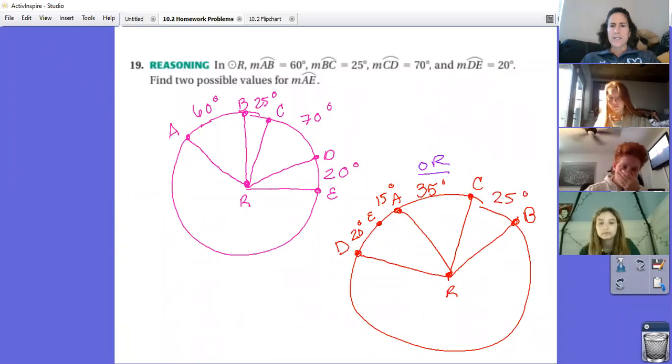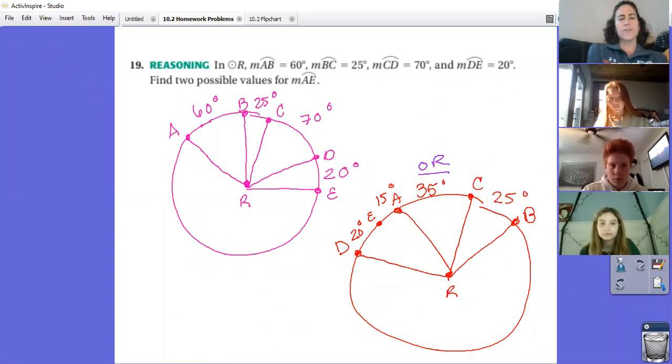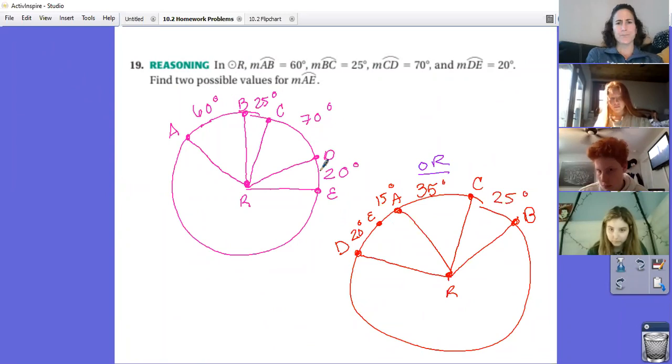All right, number 19. So number 19 was kind of fun. If you look at the first scenario, it was probably the scenario that most of you did, this one right here. Given the information at the top, here is one way that your circle could have looked. It says, find two possible values for the measure of arc AE.